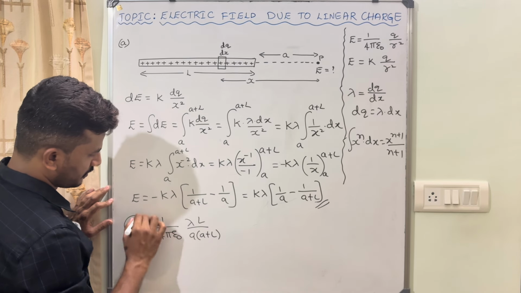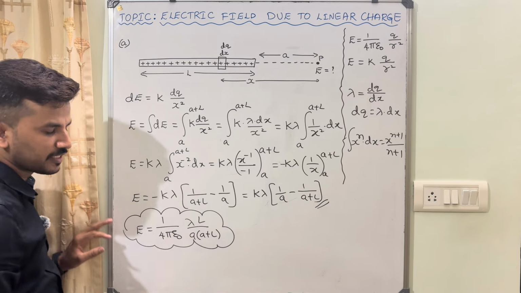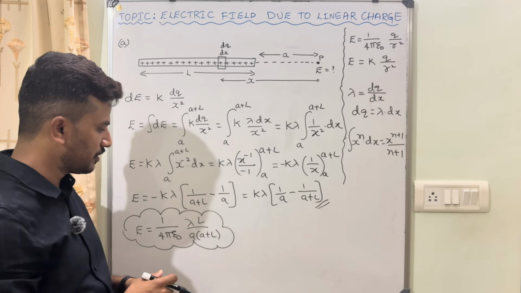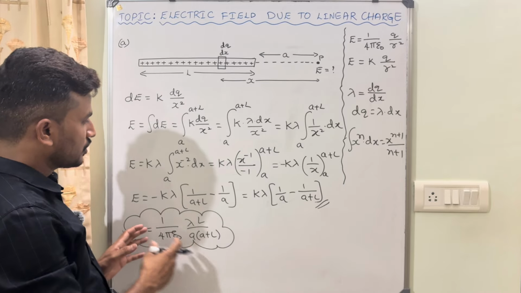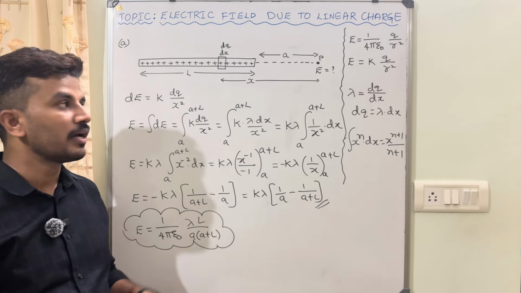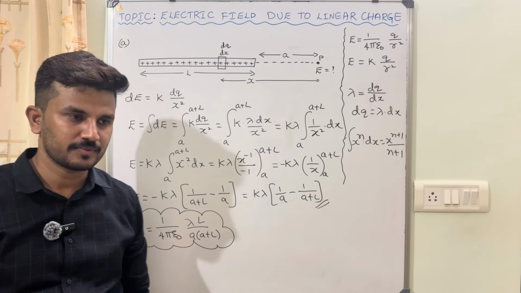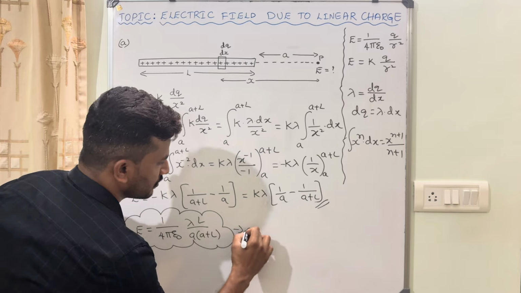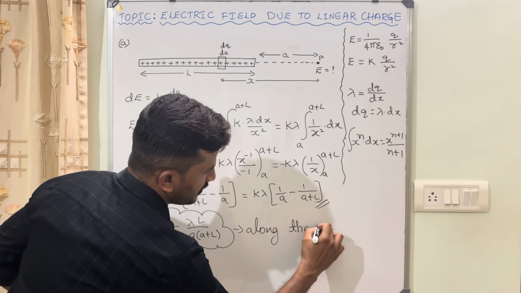Like this also you can get. And lambda is charge per unit length, so l gets cancelled, we get charge. So this is the electric field due to linear charge distribution, and the point is taken along the axis.